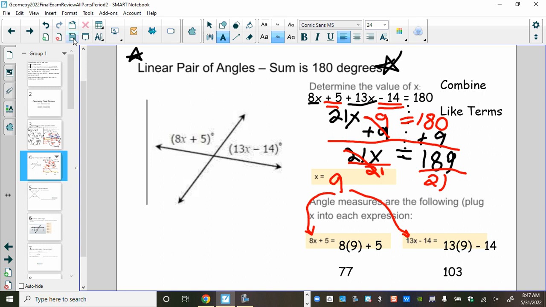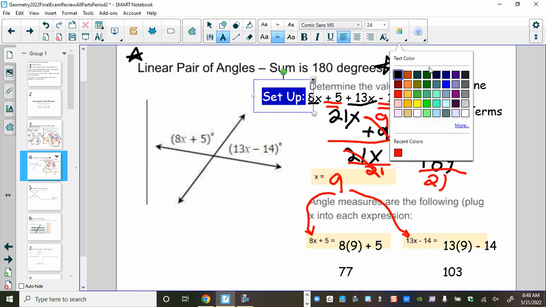Okay, questions? So again, this is the concept you need to know. Linear pair of angles add up to 180. So this is your setup right here. You gotta get that set up. It's the most important part of the whole problem.